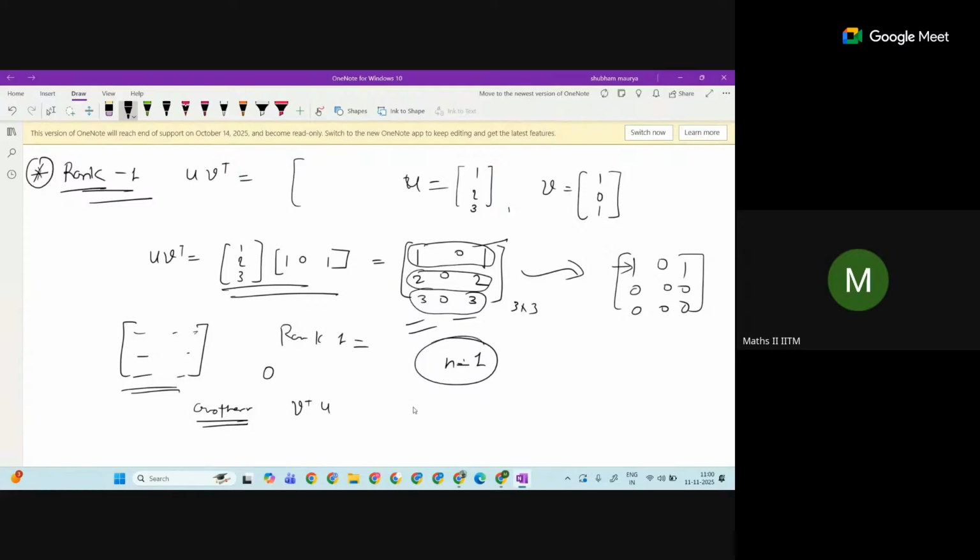V transpose is 1 0 1, and U is 1 2 3. If you do the dot product you will get a single scalar. This is 1 times 1 plus 0 times 2 plus 1 times 3, and this is going to be 4. So 4 is going to be the eigenvalue of this matrix.